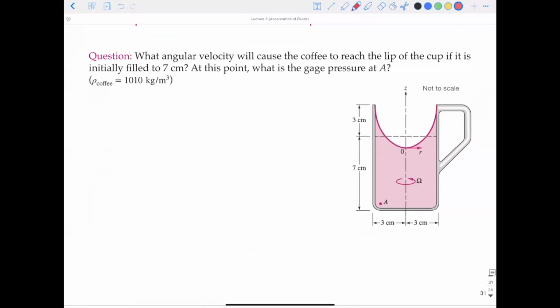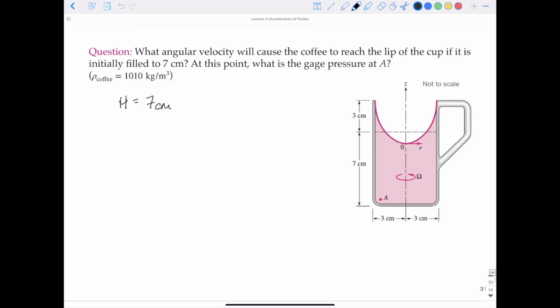So if capital H is equal to 7 centimeters, what is our small h?